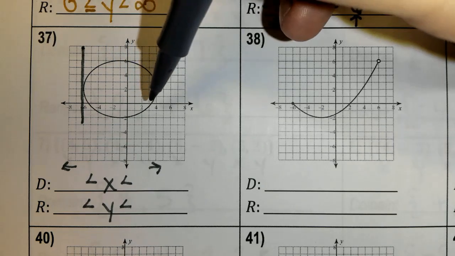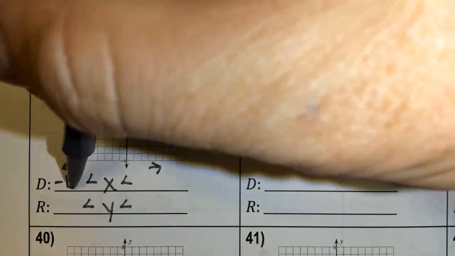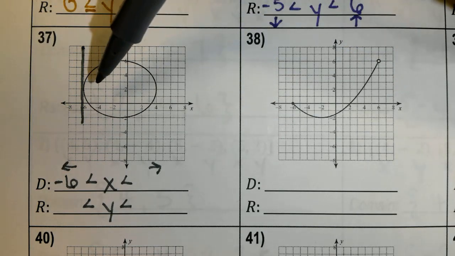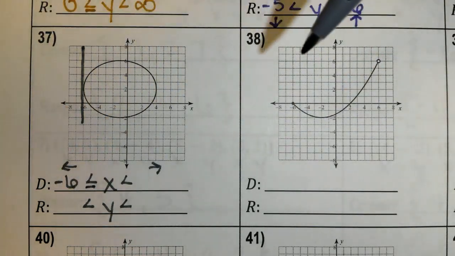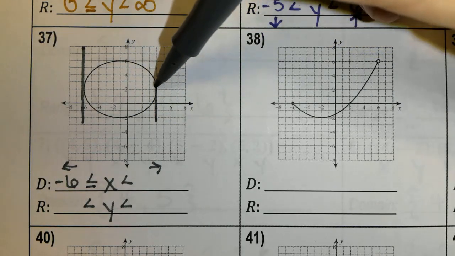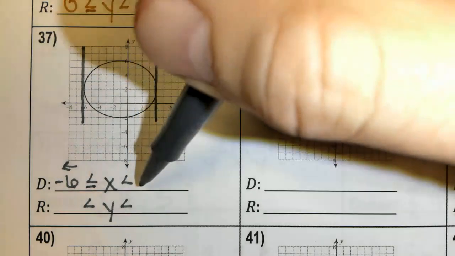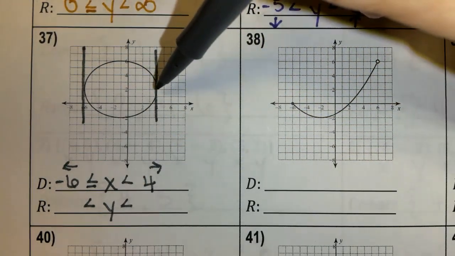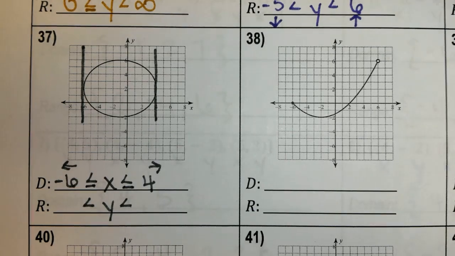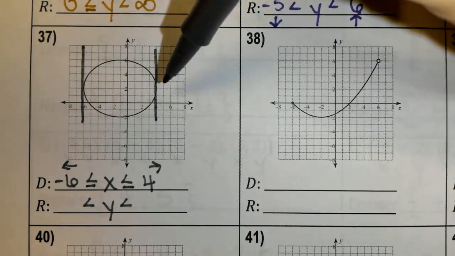So my left side is over here, and that's -6. And look, there's no infinity. It's not infinity, and there's no open circle, so I underline it. And on the right, my right side is all the way over here. That is +4. And again, it's not infinity, and there's no open circle, so I underline it. So that's my left to right.